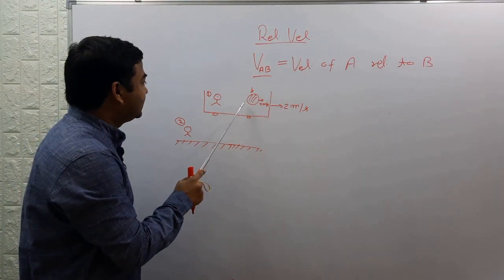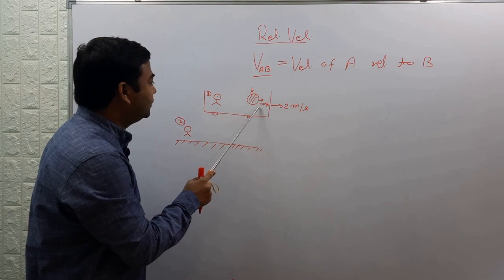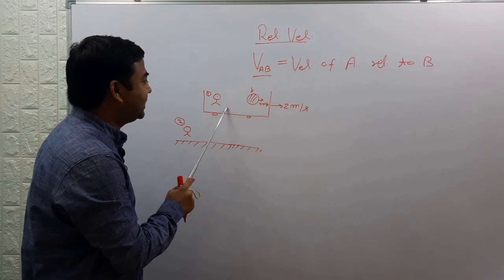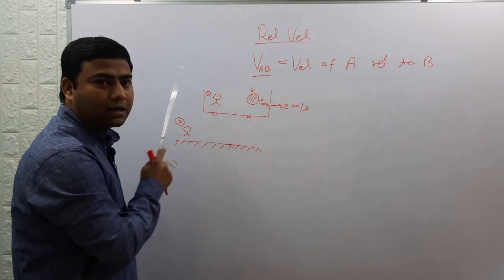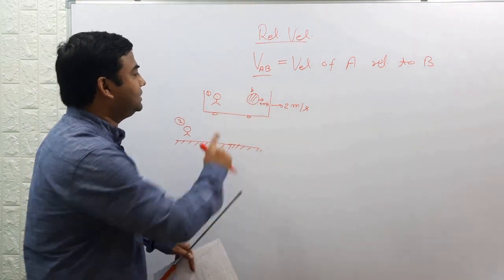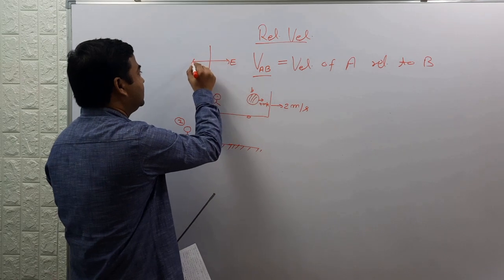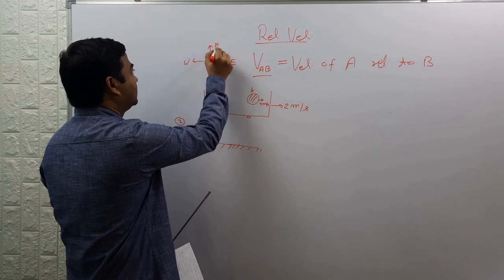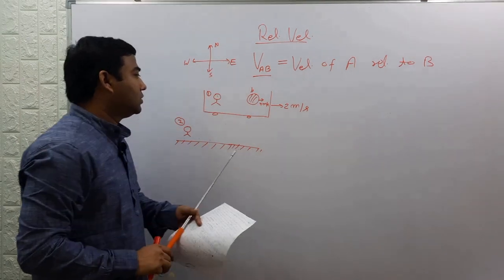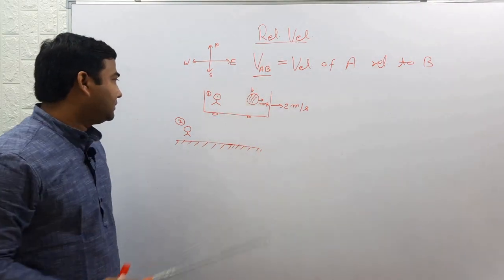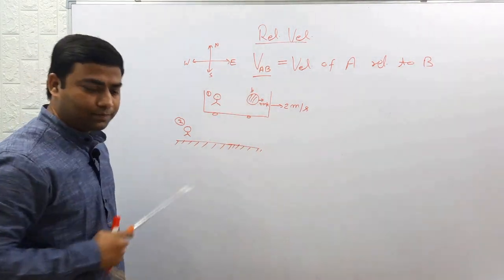This observer observes the ball moving with velocity 4 meters per second inside this cart. Let this be the east direction. East, west, north, south. So this is the scenario.